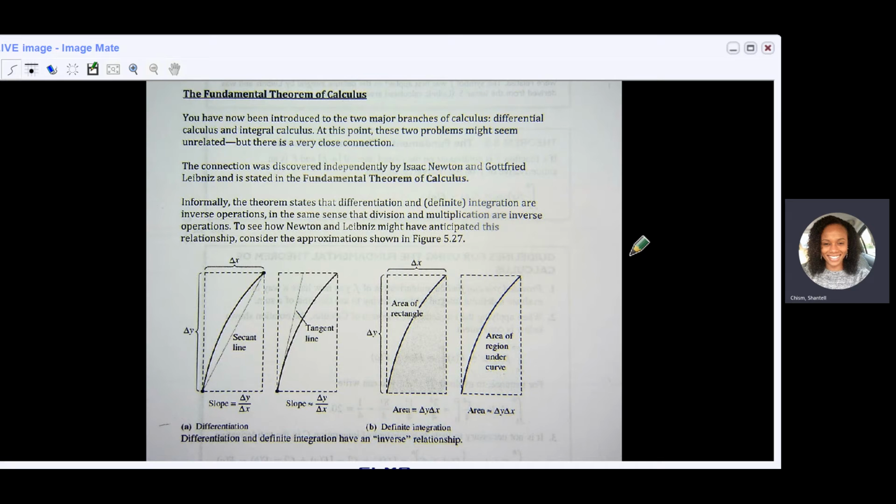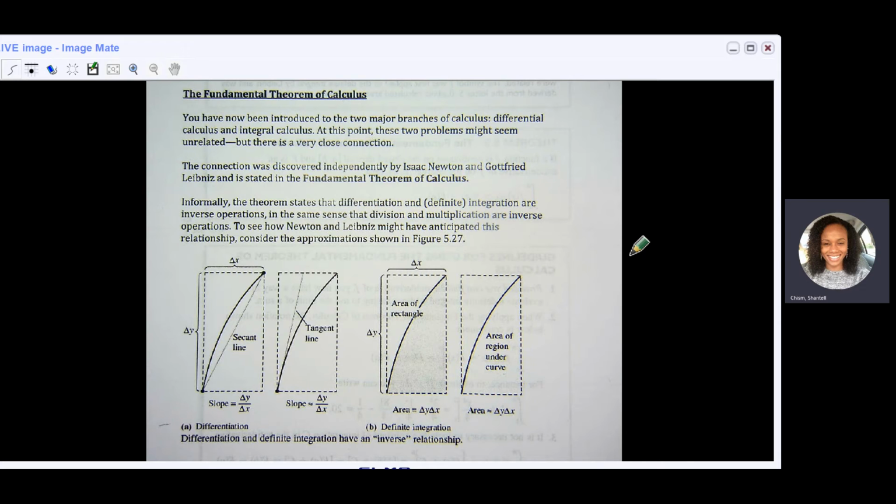The connection was discovered independently by Isaac Newton and also by Gottfried Leibniz, who developed the fundamental theorem of calculus. Informally, the theorem states that differentiation and definite integration are inverse operations in the same sense that division and multiplication are inverse operations.